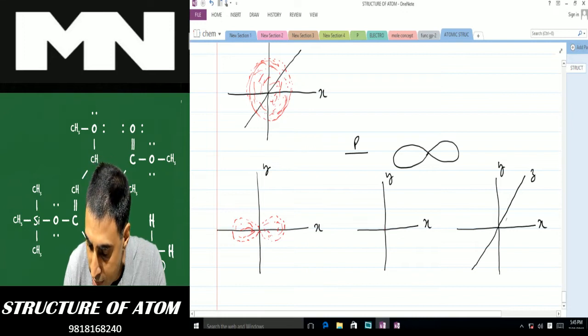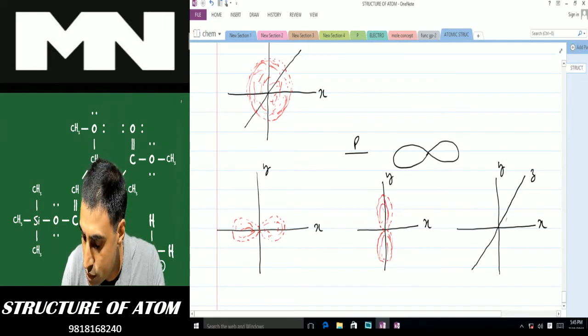It can also be on Y axis like this. It can be on Z axis also. Like this, that charge can be on Z axis also.